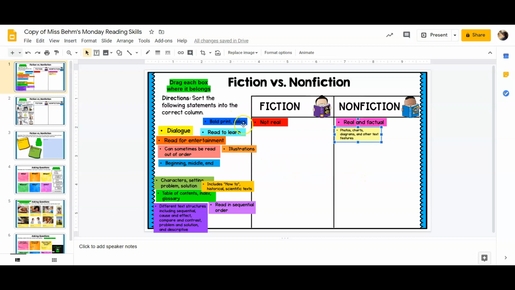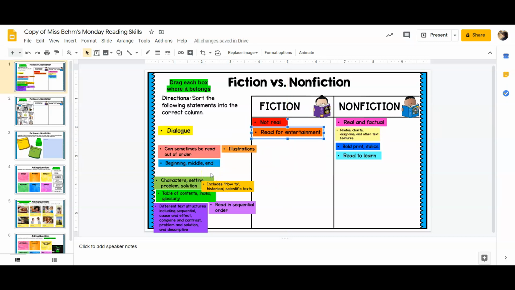A lot of times you see that nonfiction also has bold print and italics to show different vocabulary terms or words that you may not know. You also know that when you're reading nonfiction, you're more reading to learn, whereas for fiction, you are reading for entertainment.